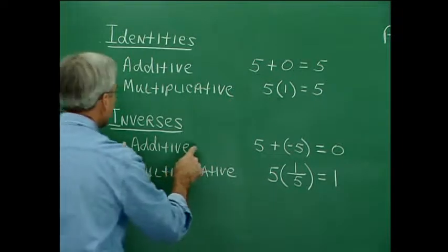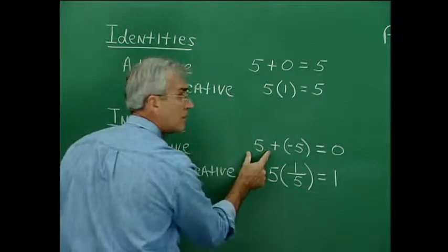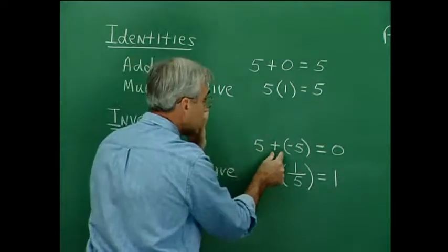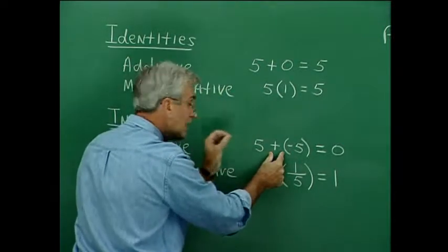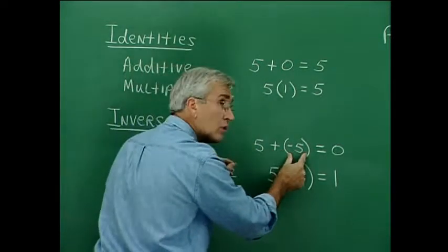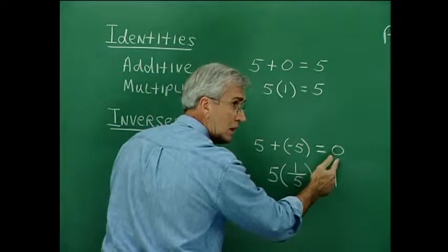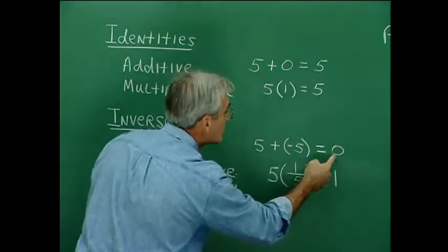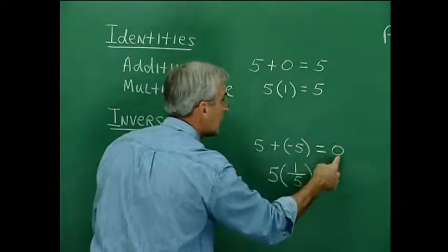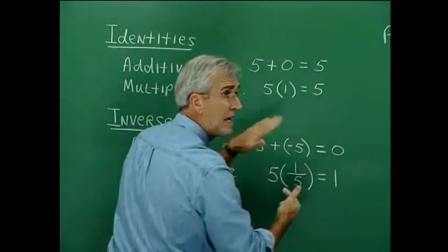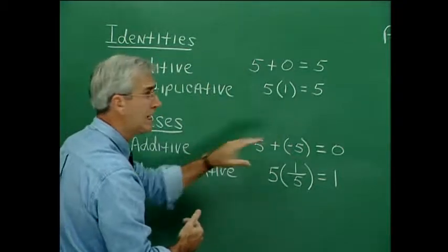With additive inverses, if we take a number and under this operation of addition we add its additive inverse, its opposite, we get 0. Notice that 0 is the additive identity element. And in that way, the inverses and the identities are related.